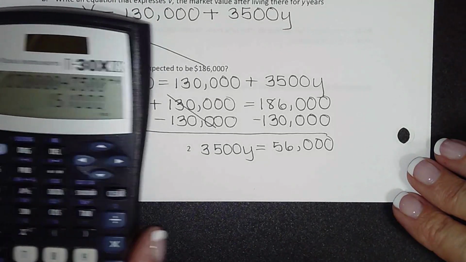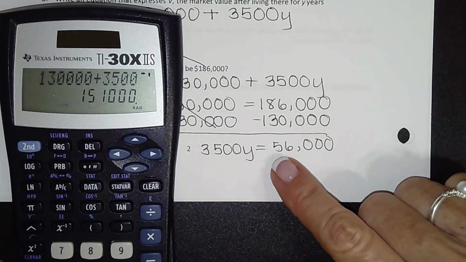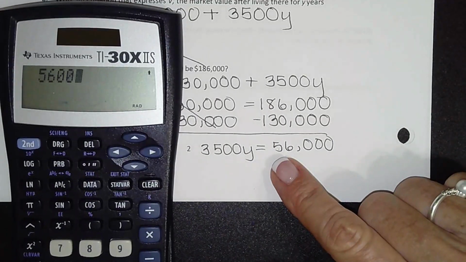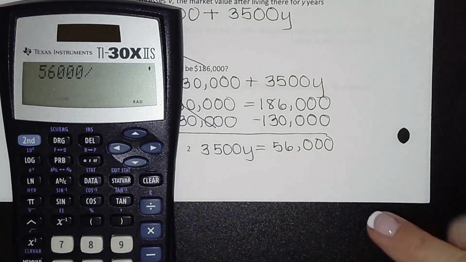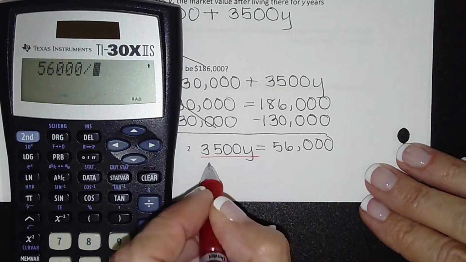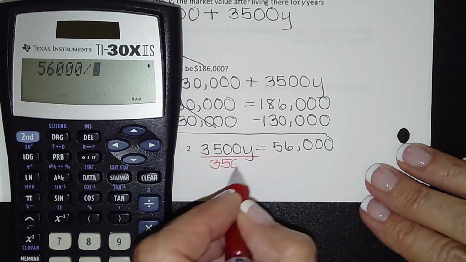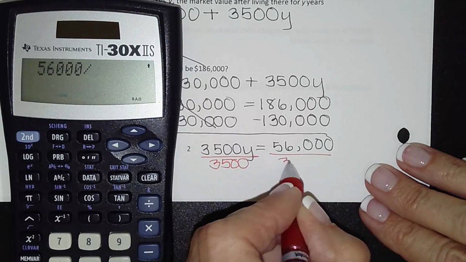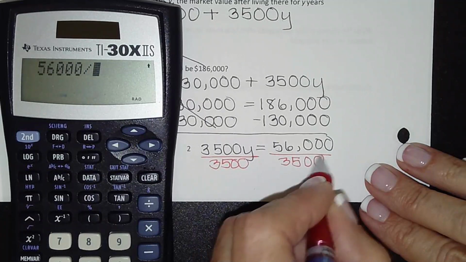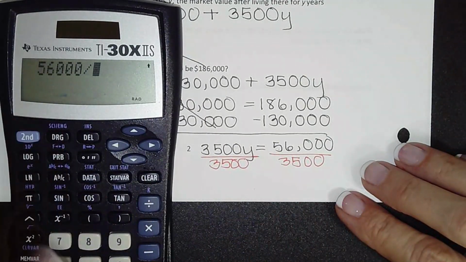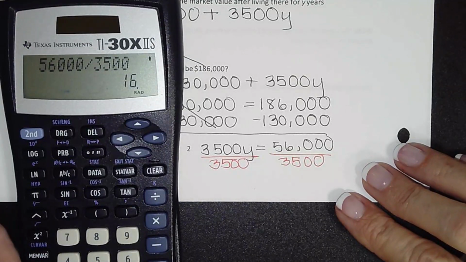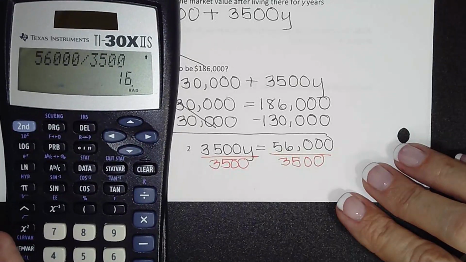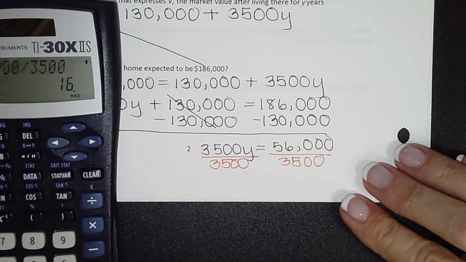I'm guessing the same person made this whole worksheet, so it's going to be some other weirdo number. So 56,000, dividing both sides by 3,500. Divided by 3,500. Ha! Just when I started complaining, they gave us a nice whole number.